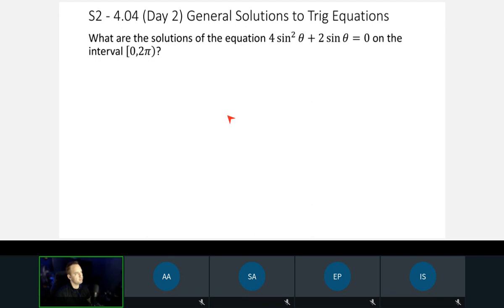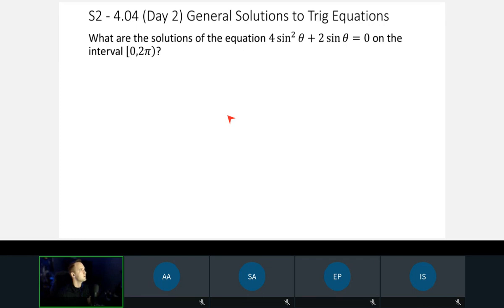It's relatively simple. So we're solving for theta, right? Remember, when you want the general solution, you're solving for theta, and then once you solve for theta, that's when you're going to add that little piece to the end of your answer.